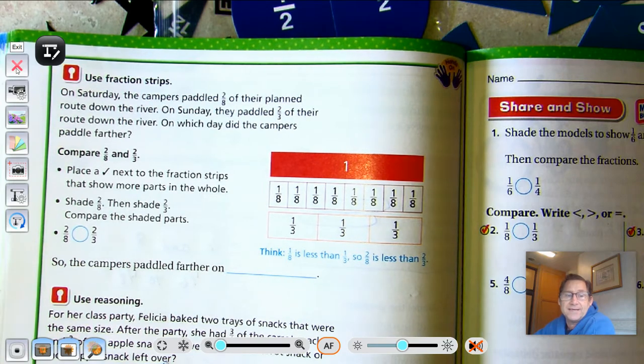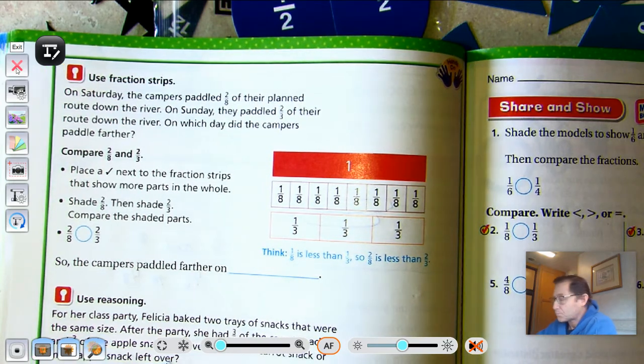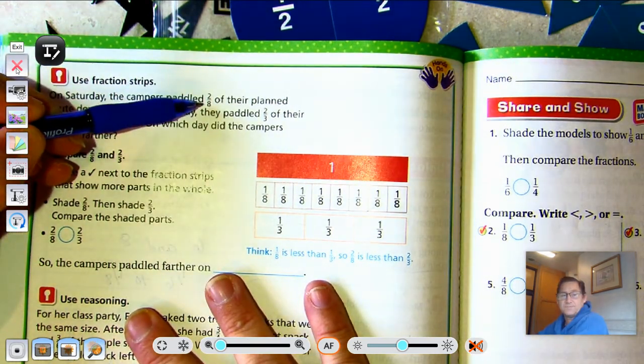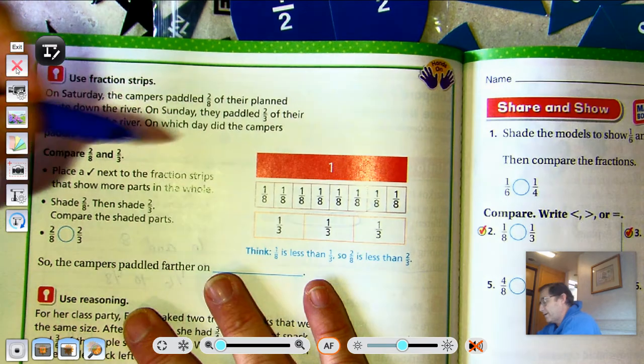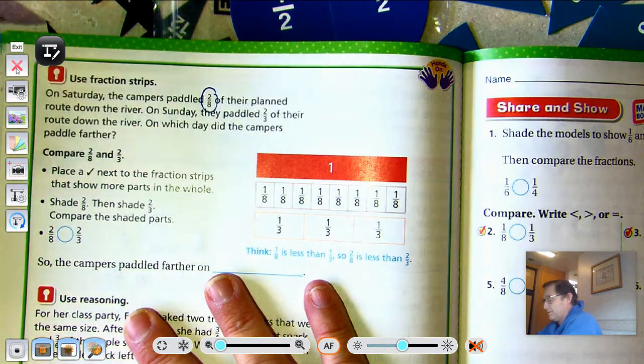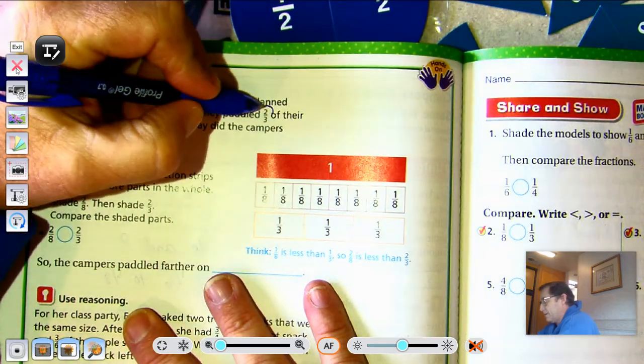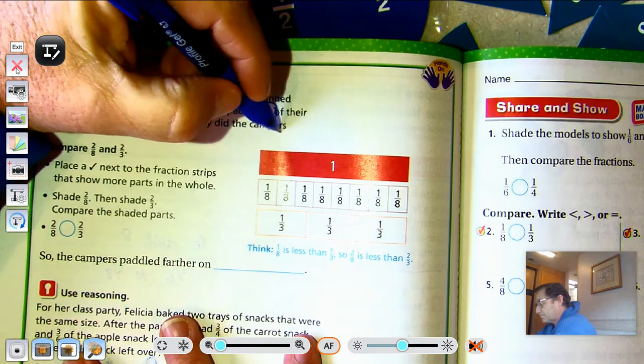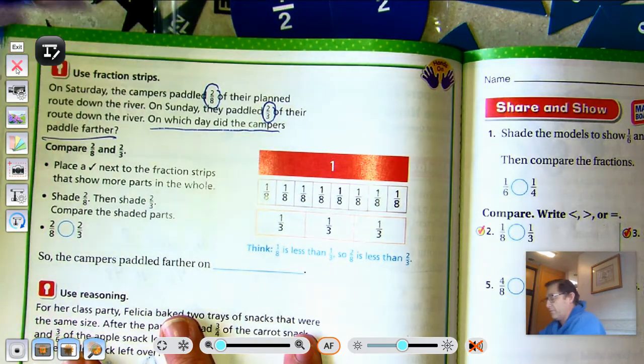On which day did the campers paddle farther? So you'll notice that it says 2/8 of the planned trip on Saturday, 2/3 on Sunday. Which day did they paddle farther?